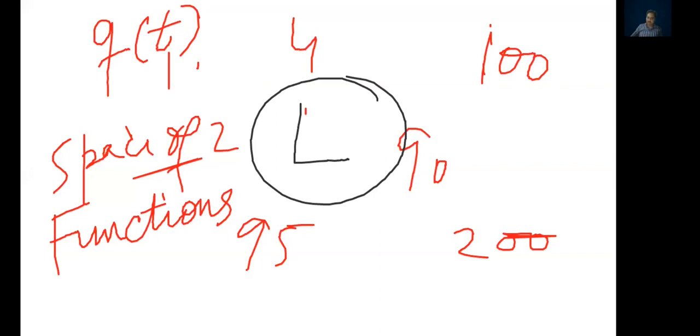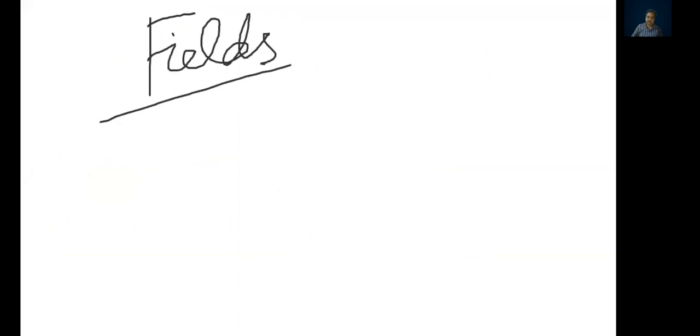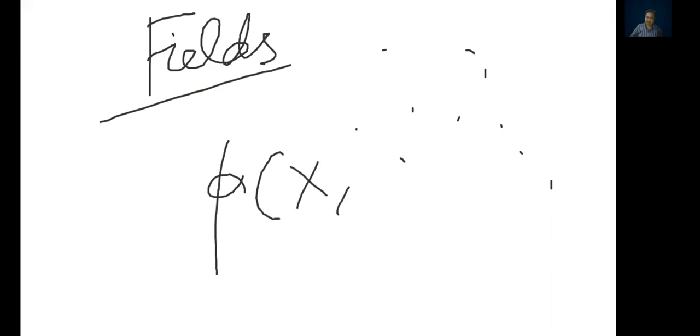Okay. In case of the fields, as someone had asked me previously, because fields are not discrete systems, you can have some quantities, let's say phi, which are functions of position and time.